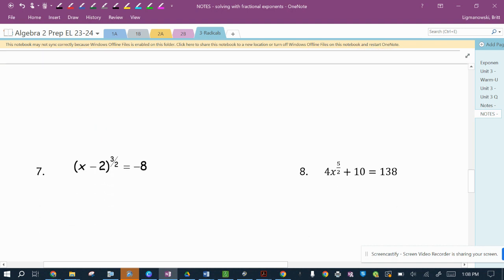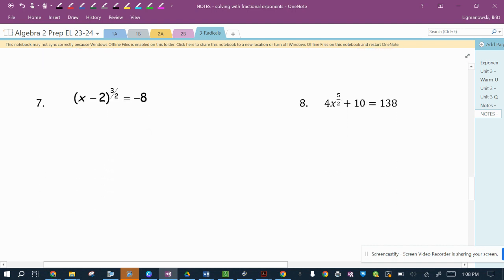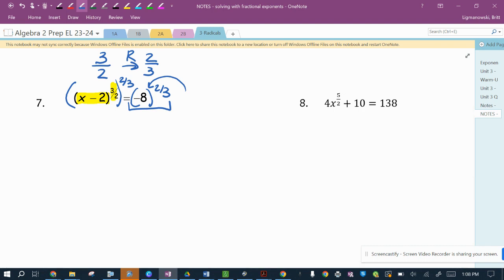Okay, let's try a few more of these. Now this whole side is being raised to this power, so we're going to raise this whole side. If I have 3 over 2, the reciprocal is 2 over 3. Make sure you use parentheses on this side.